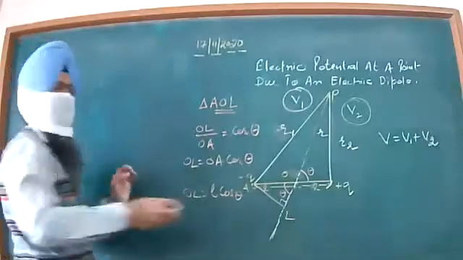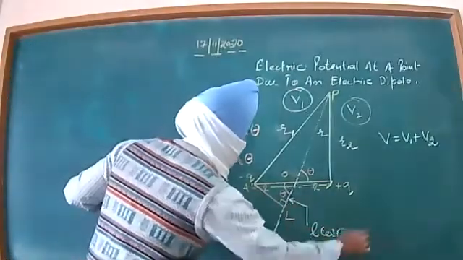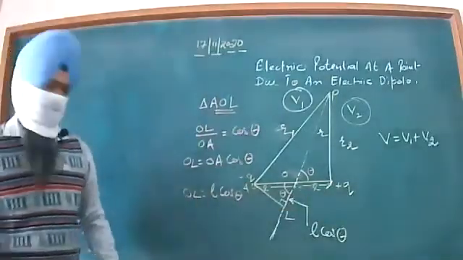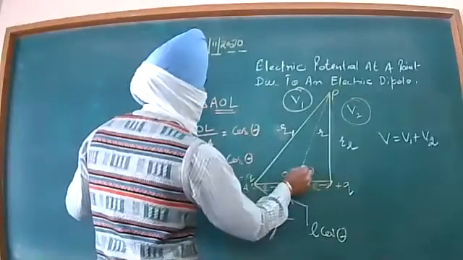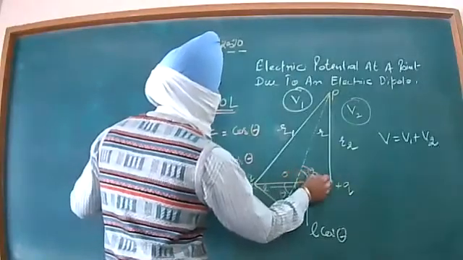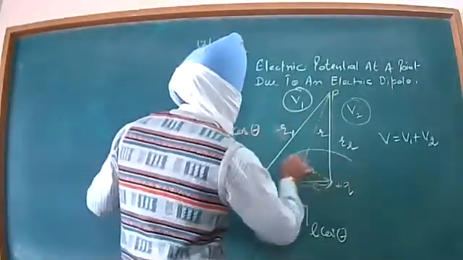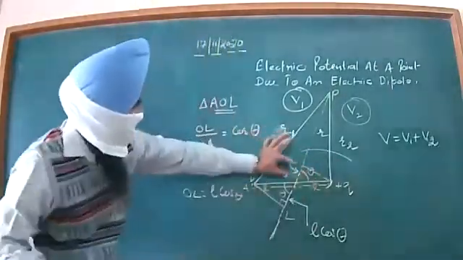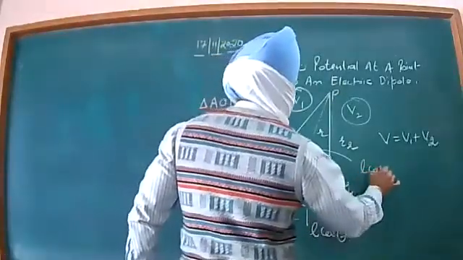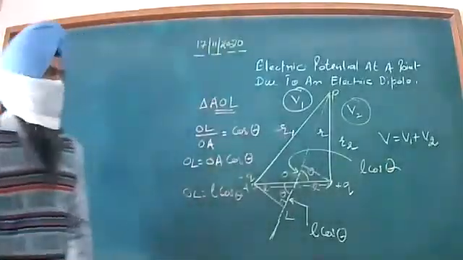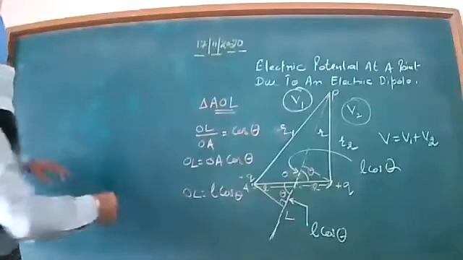I mean to say that this part is L cos theta. Now, focus upon this charge plus Q. If I drop the normal over here, then on the same discussion, this distance will also be equal to L cos theta. Now let us calculate first of all V1 and then V2.